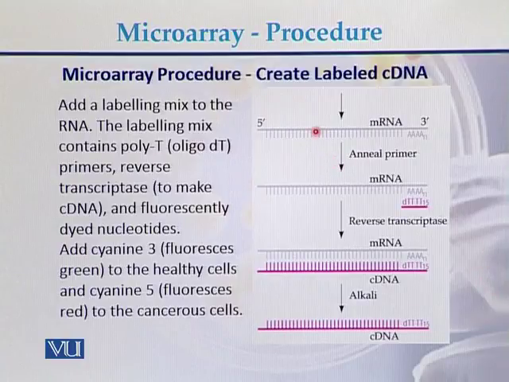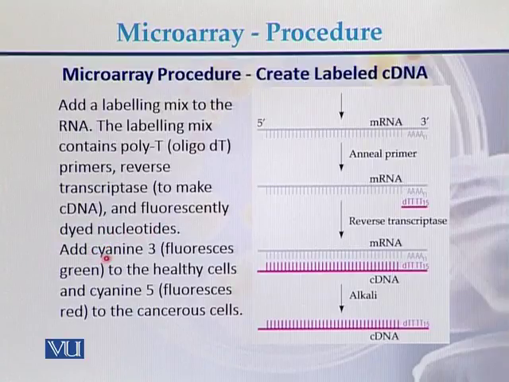Once the RNA has been purified, the next step is to create the labeled cDNA. So how is labeled cDNA created? That is with the help of oligo-dT primers and by performing the reverse transcriptase reaction. Fluorescently labeled nucleotides are added.